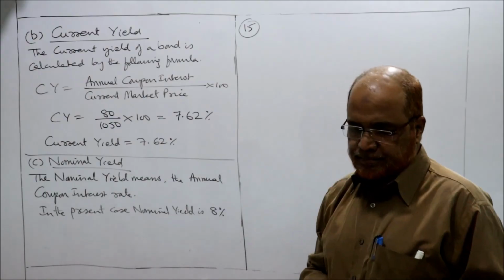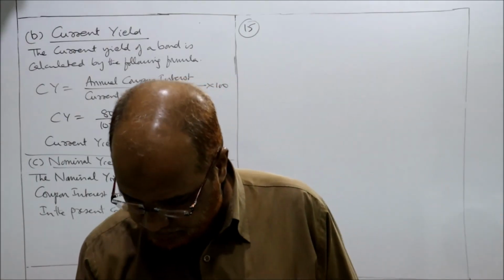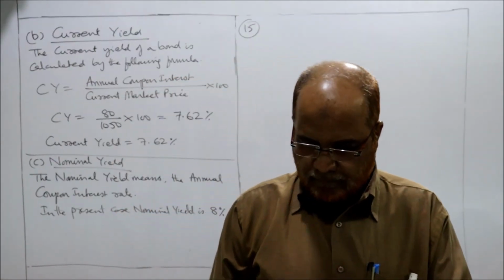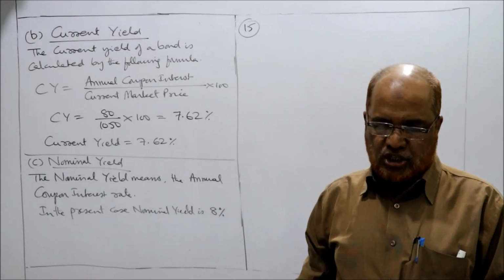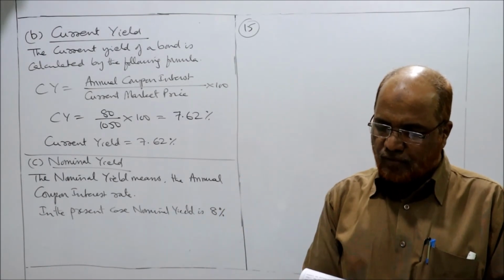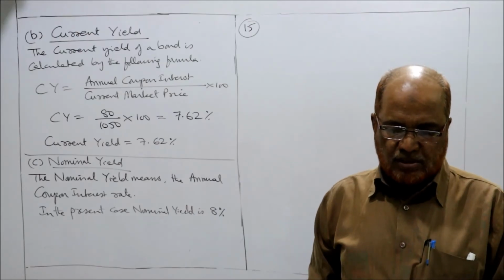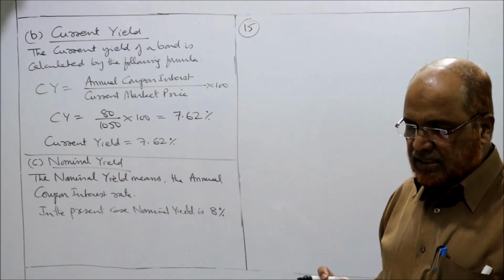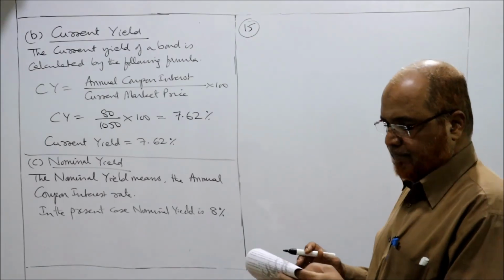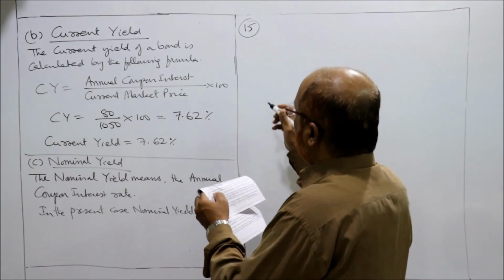Problem 15. A bond with a cash flow of rupees 200 each year and a maturity value of 2000 after 5 years. If the current price is 1900, what is the current yield and what is the yield to maturity? So a bond has a cash flow of 200.